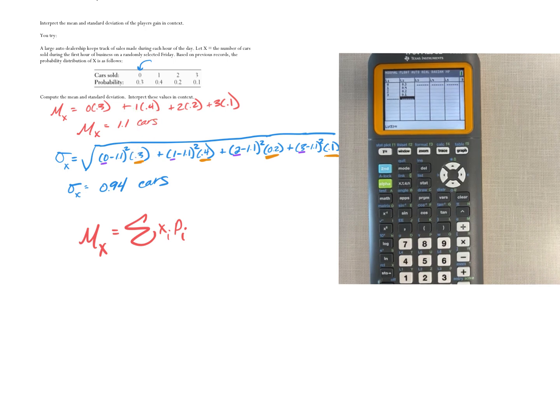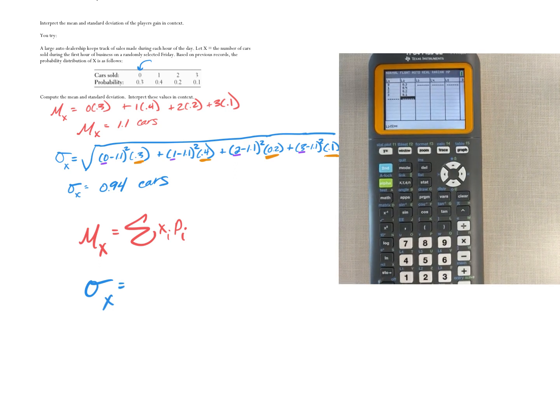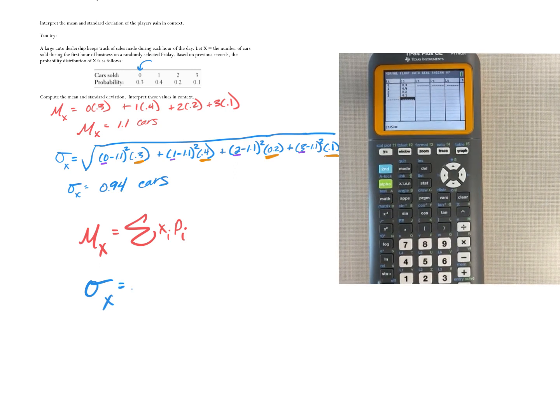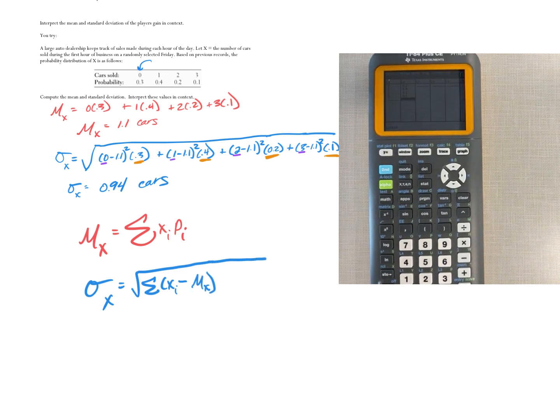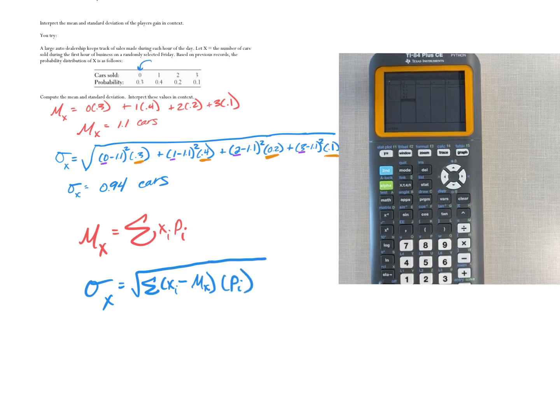Also on said formula sheet, there's a formula for the standard deviation. The formula for that standard deviation is equal to the square root of the sum of xi minus the mean times the probability.